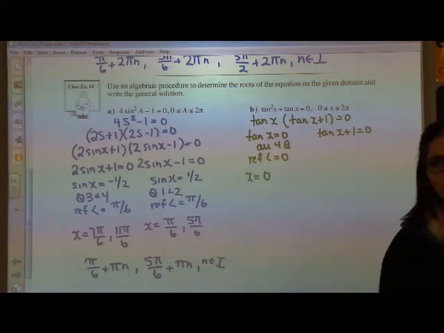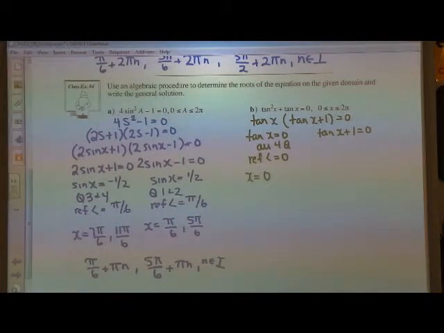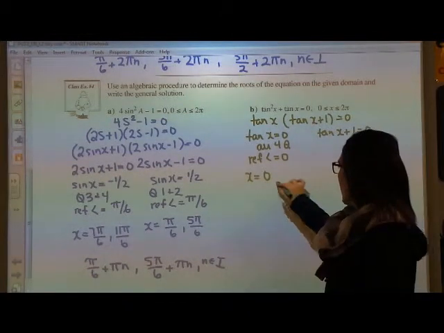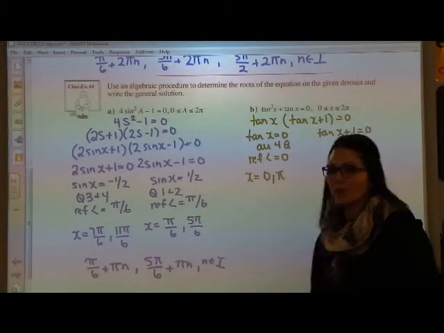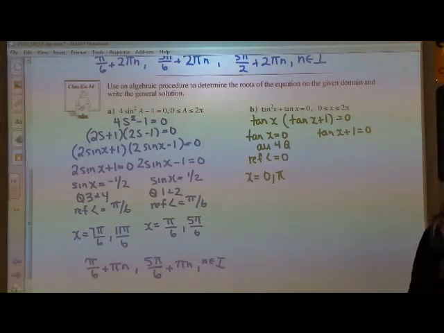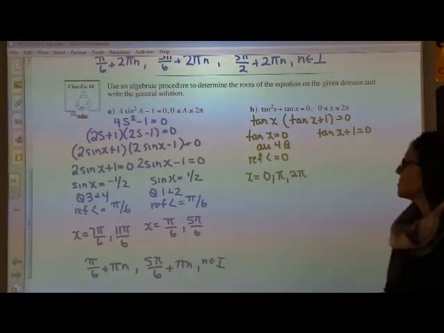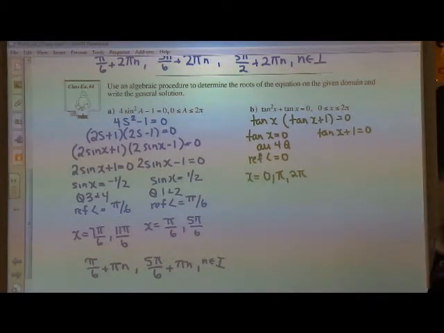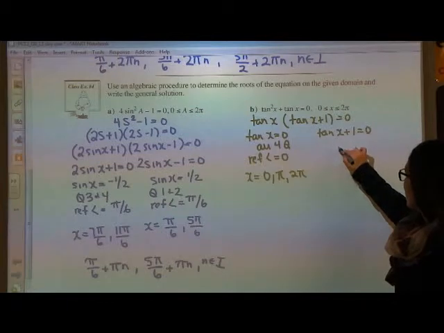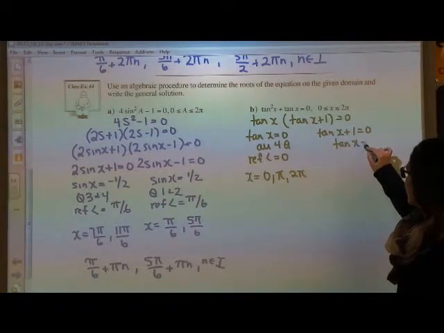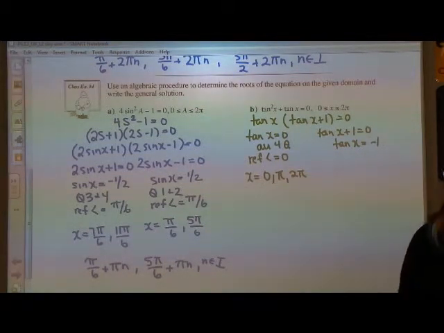In quadrant 2, it would be pi minus the reference angle, which would be pi. Quadrant 3 is pi plus the reference angle, so it would be pi again. And then quadrant 4 is 2 pi minus the reference angle. So there are my solutions. Now if I go to this one, I let tan x equal -1.